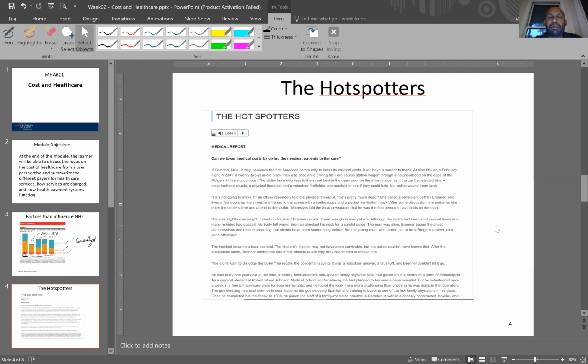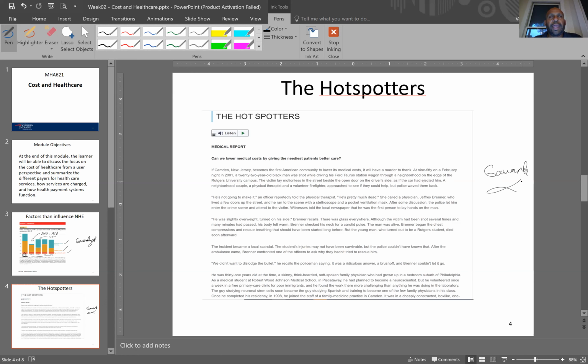To be truthful, it's written by my favorite healthcare author, Atul Gawande, and you're going to read Atul Gawande's work quite often, certainly in the courses that I'm overseeing, but in this course specifically. This was written back in 2011 in the New Yorker, and it told the story of Camden, New Jersey, and the Camden Coalition.